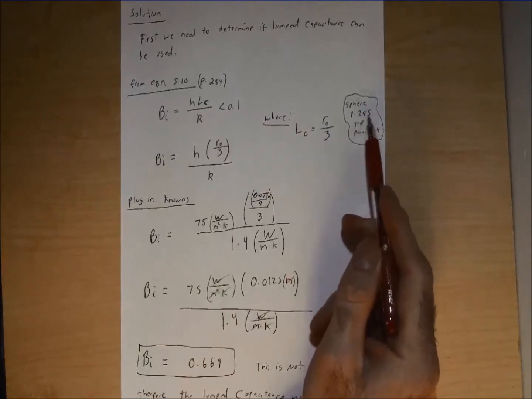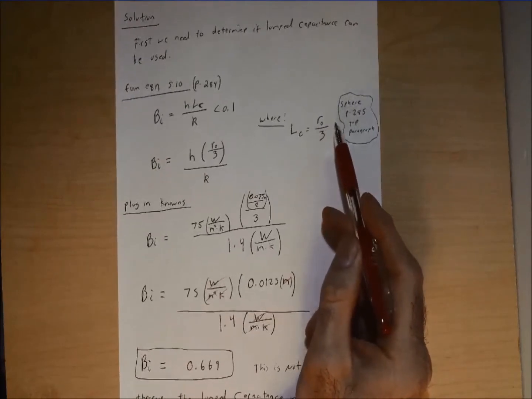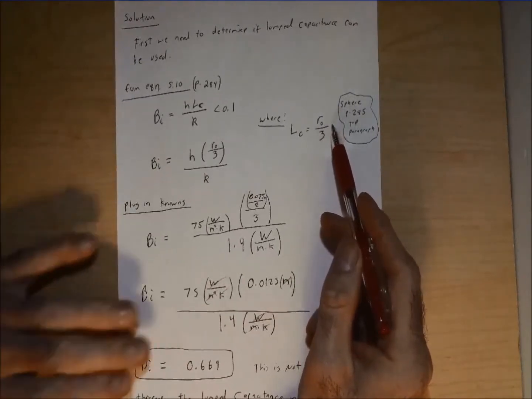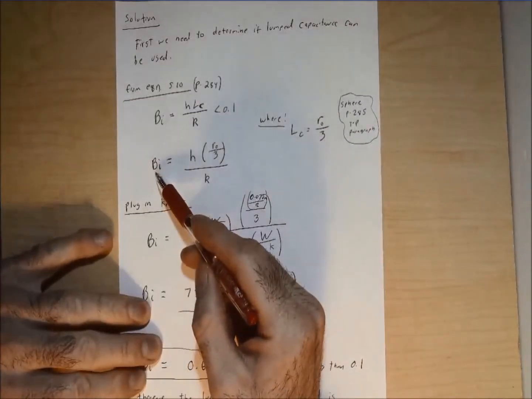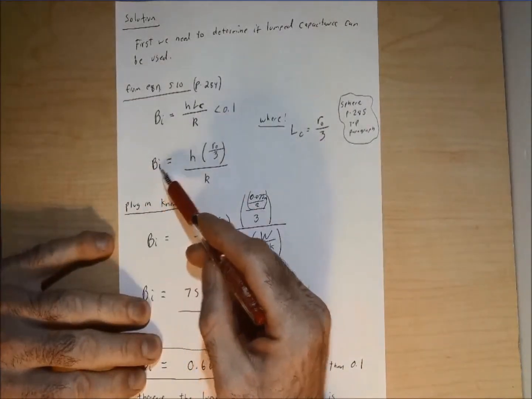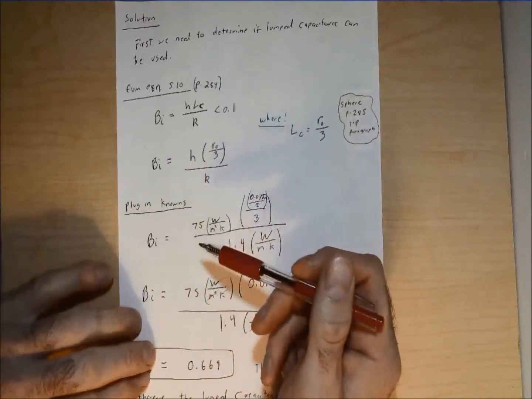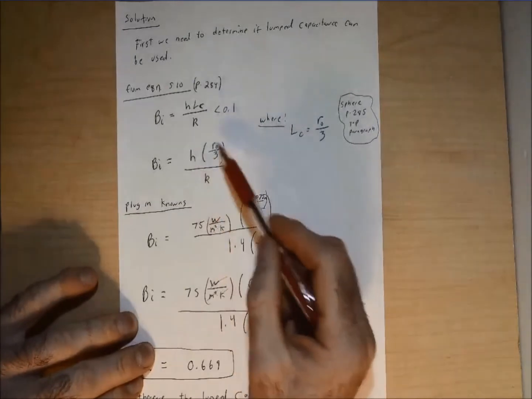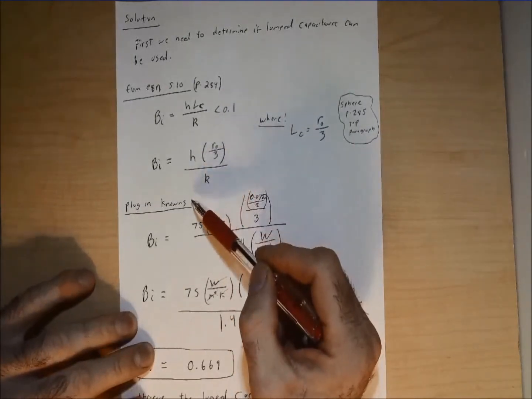And this references back to page 285 in the top paragraph where we can find this information for our L_c. So we replace our L_c with this relationship of R naught over 3 for our sphere, and this equation 5.10 now reduces to Bi equals H times R naught over 3 divided by our K value. Now I've left this in terms of variables, but what we're going to do now is plug in our known values for this specific problem.